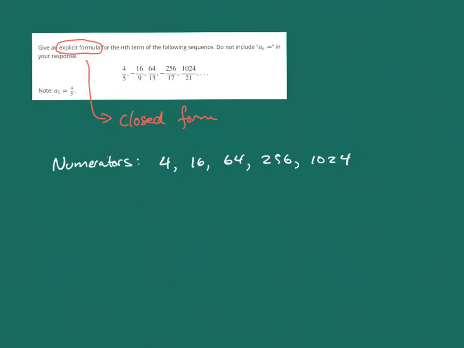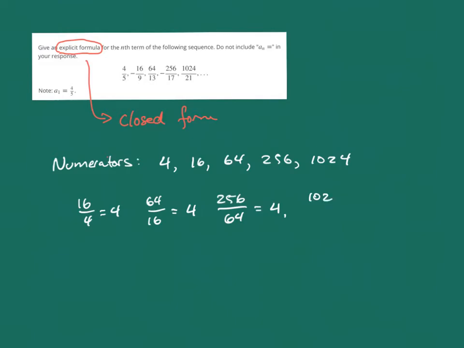Well, if I look at common ratios of those things, if I look at 16 divided by 4, I get 4. If I look at 64 divided by 16, again, I get 4. If I look at 256 divided by 64, again, I have 4.